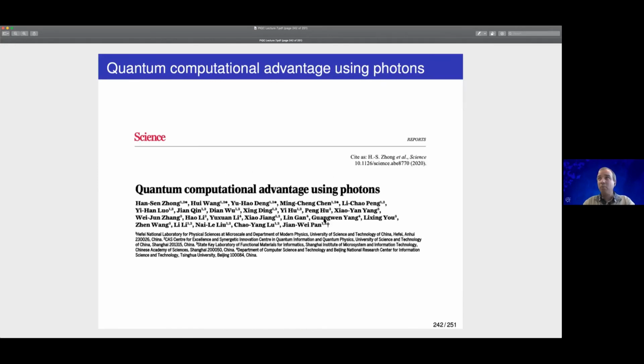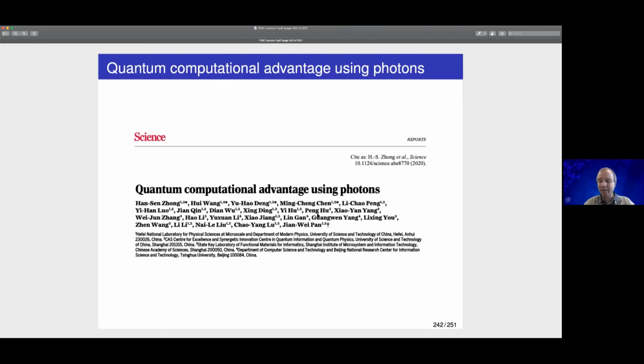I want to go quickly now because the time is running out. Some people ask me about this new announcement of quantum supremacy, or in this case, they are using advantage, but with the meaning of supremacy, achieved by several researchers at different universities and research institutes in China.